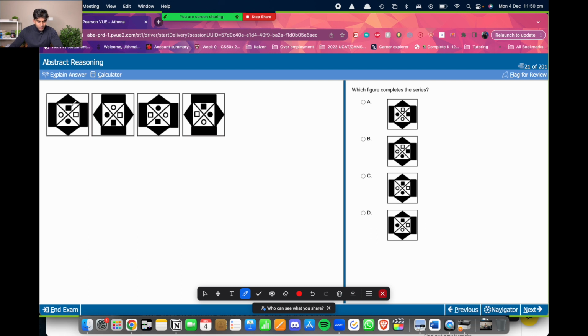Let's see. Black square, black circle, black square, black circle, black square, black circle. All right. So the black square and black circle, they're separate, next to each other, separate, next to each other. I'm also noticing that the circle is moving from here to here each time.